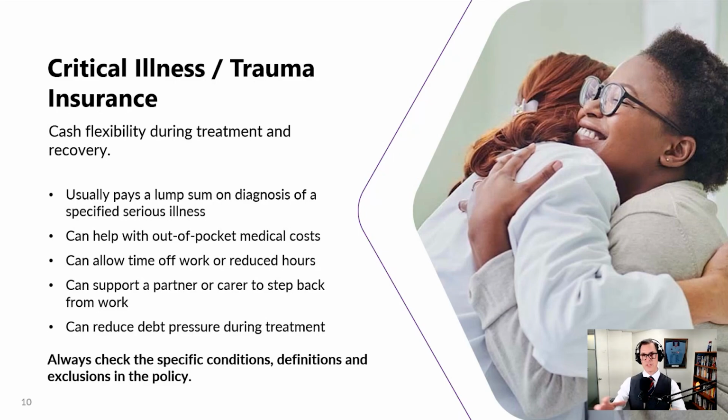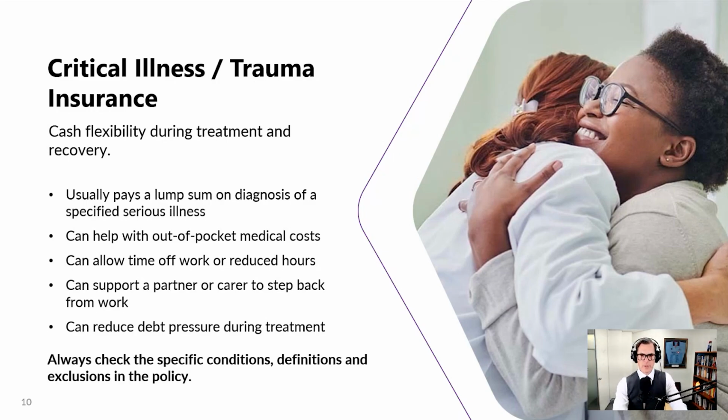So all of these policies can weave together to form a really solid shield of protection for your family, your dependents, your spouse, and yourself if you have something happen that you're still alive.